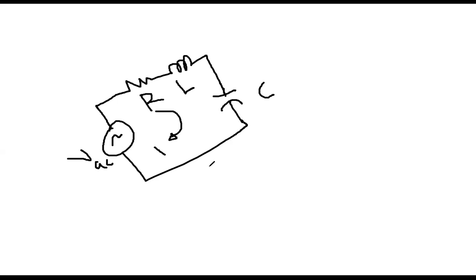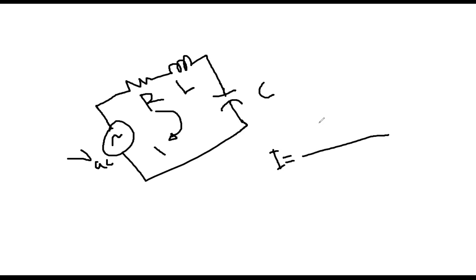So question number 5 was, what should be the condition for the current flow to be maximum in this circuit? First of all, what is the current expression for this circuit?